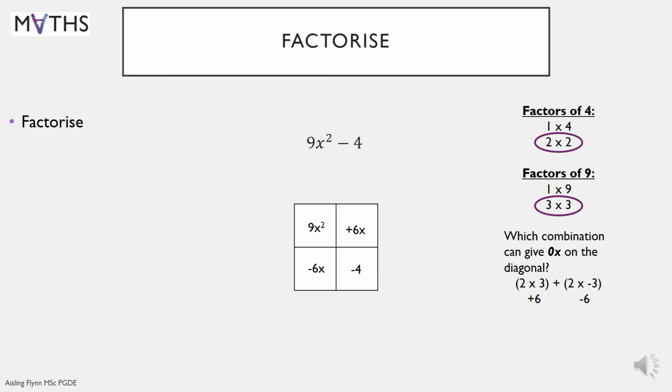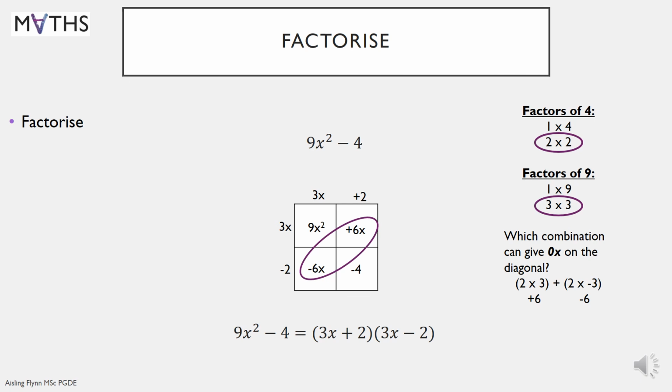Putting that into my table, on the diagonal, we now have 0x. So take out your common factors: 3x on the top row, 3x on the left column, just 2 on the right column, and minus 2 on the bottom row. So my factors are 3x plus 2 and 3x minus 2.